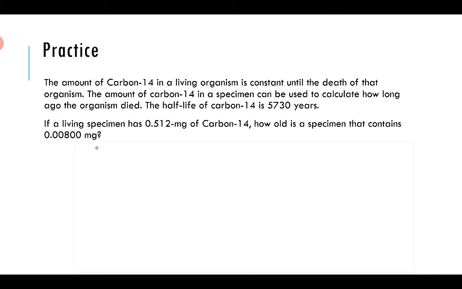Okay, let's work this out. So this is my initial amount. This is my half-life. And this is my final amount. I'm going to use the conceptual mapping method of working this out, although if you are confident in algebra, you can also use that equation that I gave you.